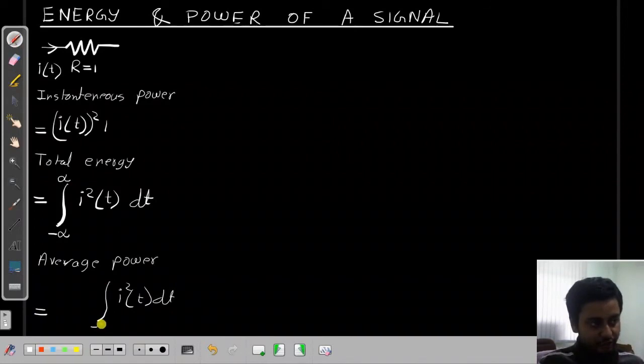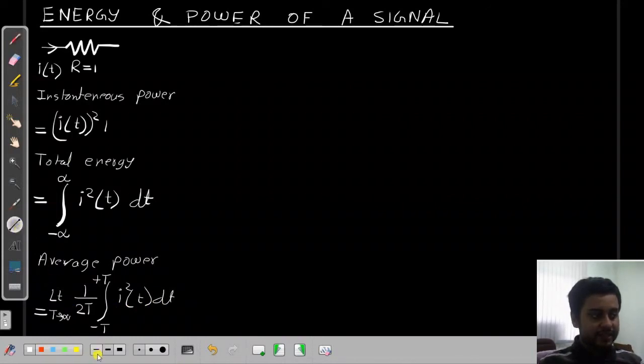Say starting from time minus T to time plus T, and then divide it by the total time span 2T, and let this T tend to infinity in the limit. So the limit T tending to infinity of 1 over 2T, integration minus T to plus T of i squared dt, is the average power consumed.